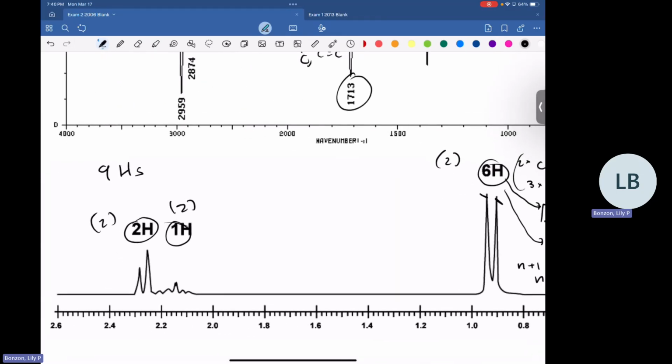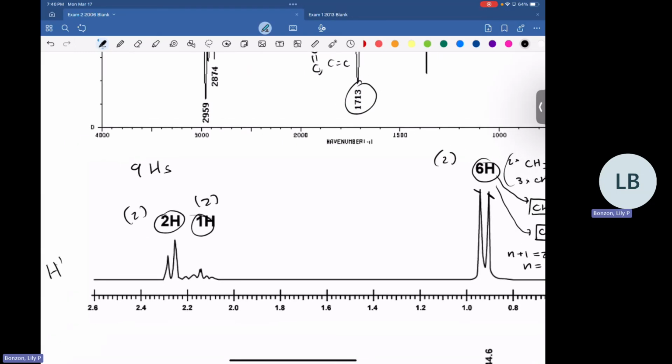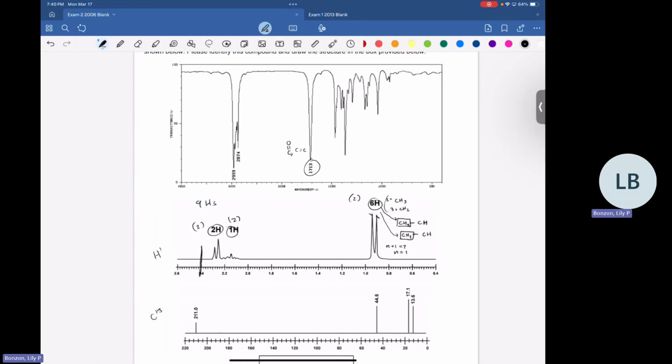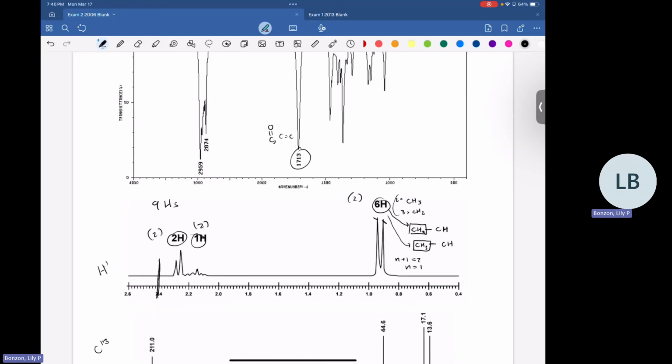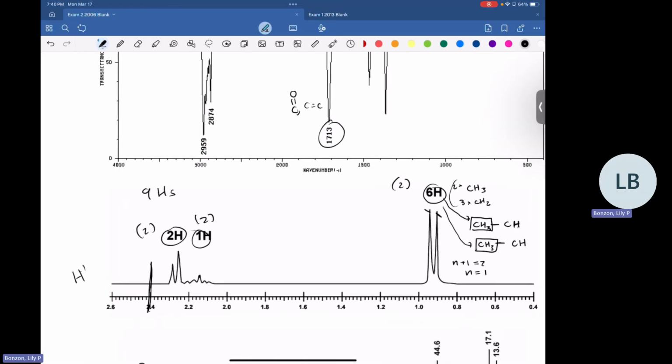Okay, moving on, we have our other 2 peaks. The furthest we get is 2.4. It looks kind of different because it's scaled differently, but we're still in the alkyl region here. We don't have a benzene, or a carbon-carbon double bond in this case, because we're still in the alkyl region.